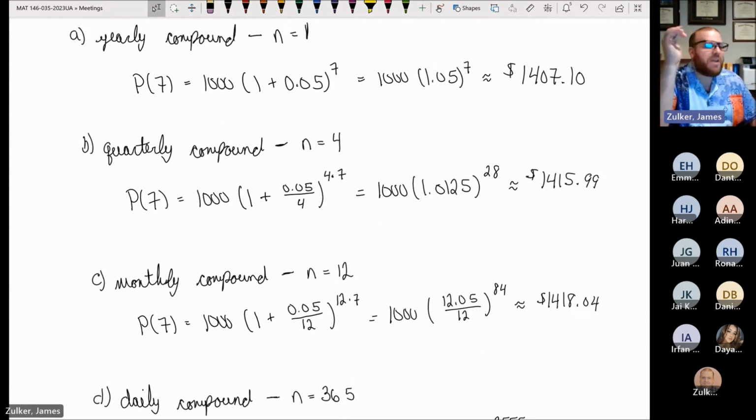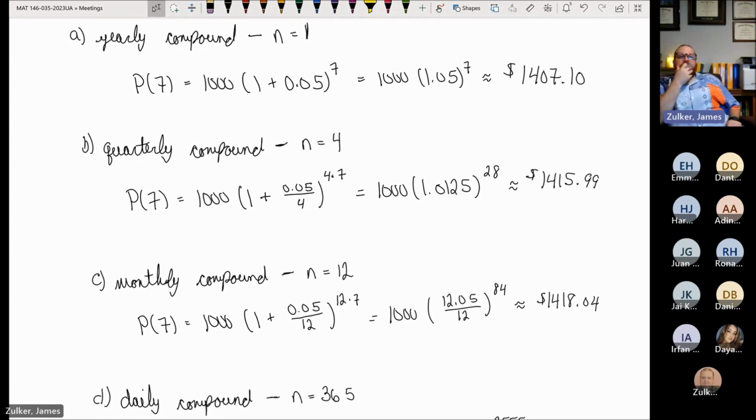So if we had a compound of annually, right? So compounds annually. How much total interest did we gain in the 7 years? $47.10.